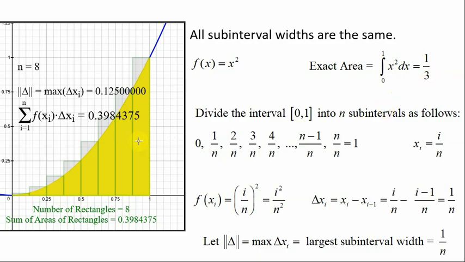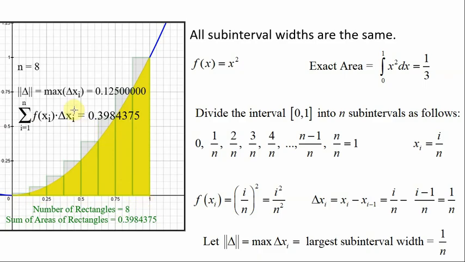And now let's find the area by filling this yellow region right here with rectangles. What I'm going to do is fill this up with n rectangles, and all of the rectangles have the same width. So all of the widths are the same. For example, in this case, I have 8 rectangles right here, and all of them have the same width.